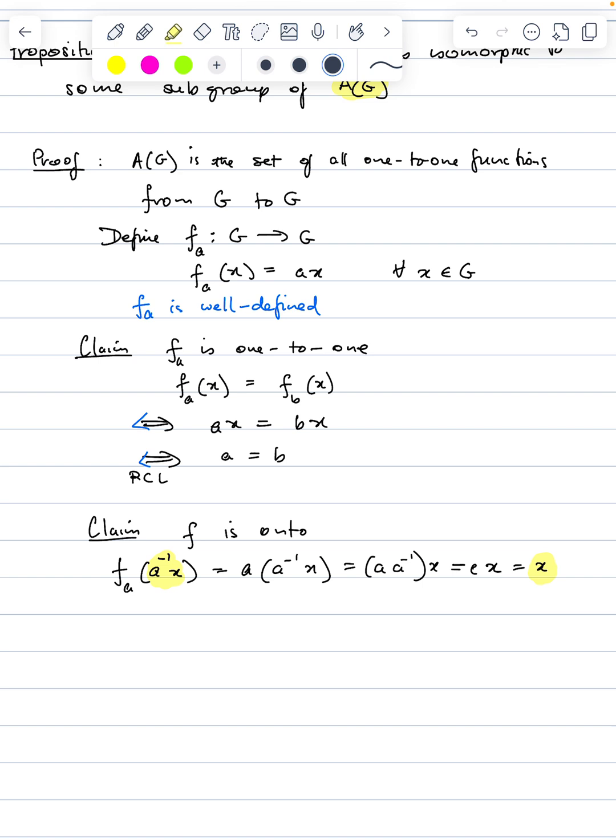All right, and I think we should specify here that A is also in G so that its inverse does exist.